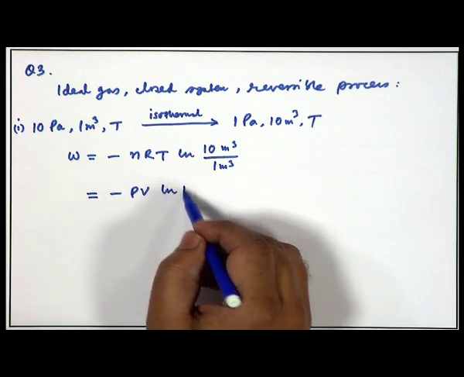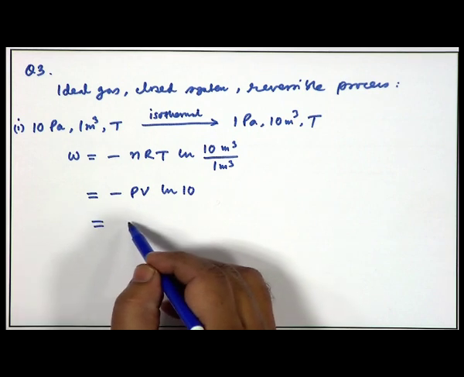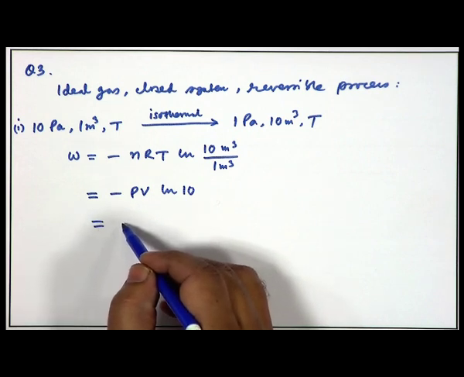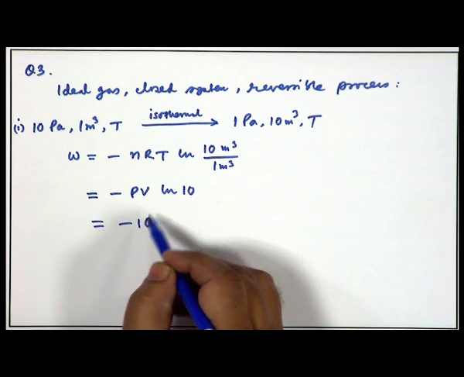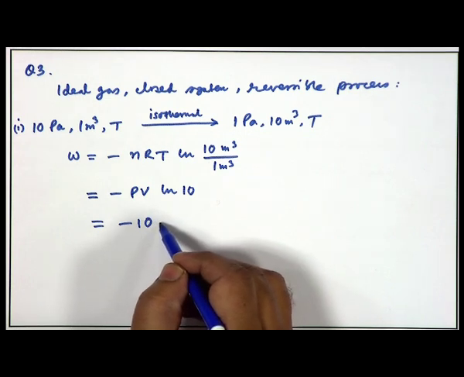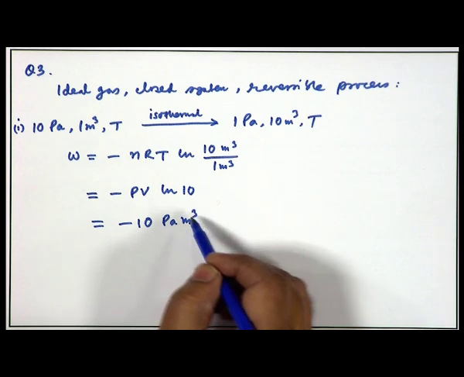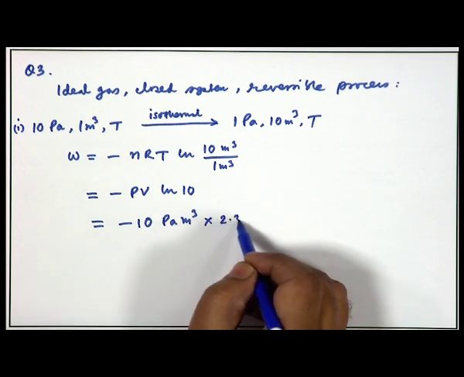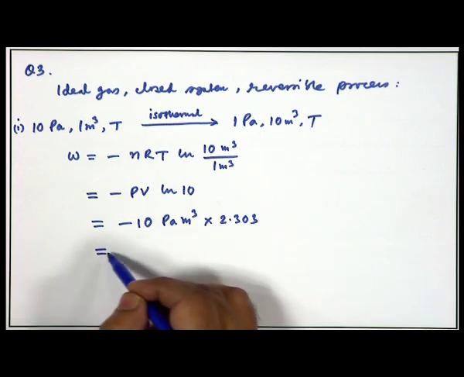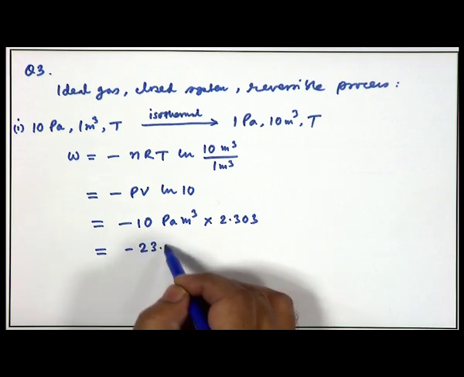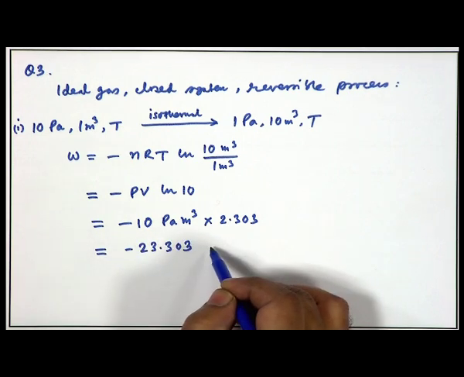So, ln 10, which will give us minus 10 into 1, I will just write 10 meter cube into 2.303, or minus 23.03 joules.